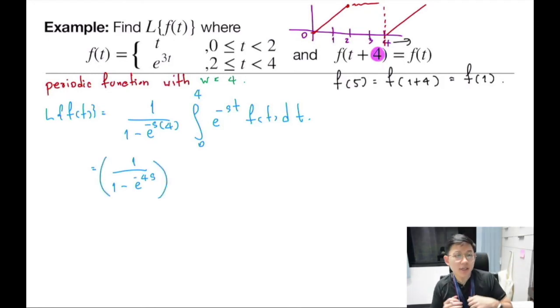And guys, if you look at it, f(t) is defined differently from 0 to 2 and from 2 to 4.